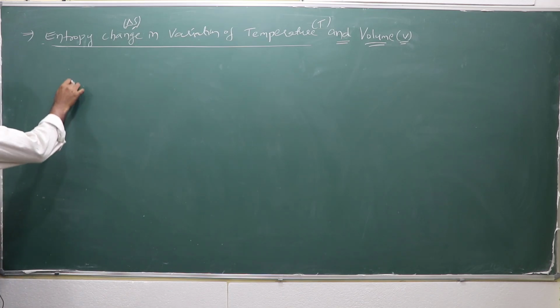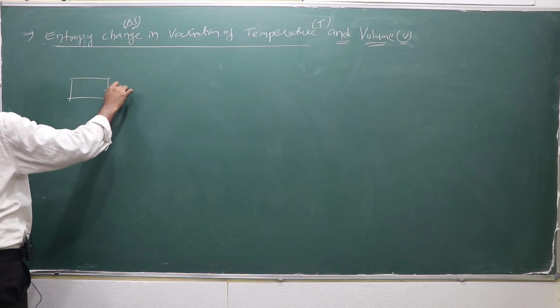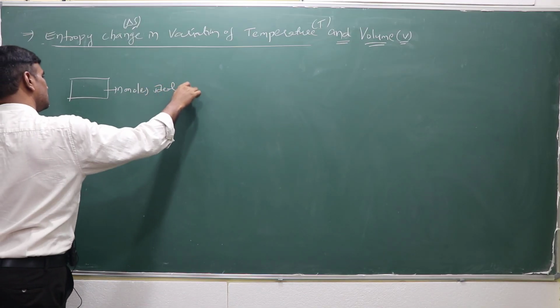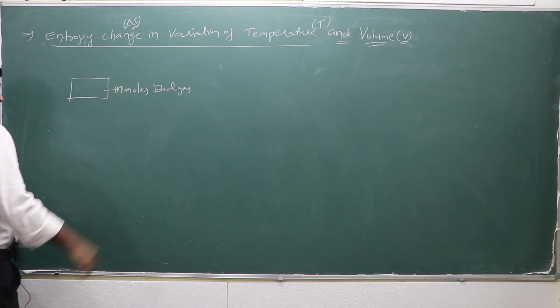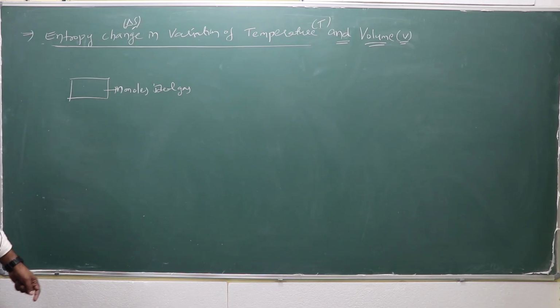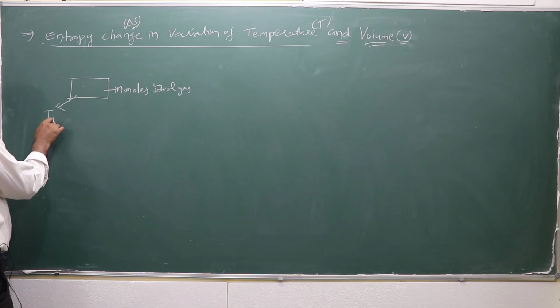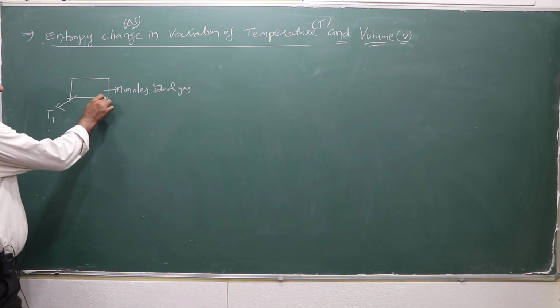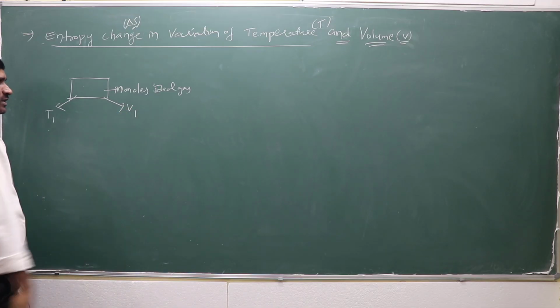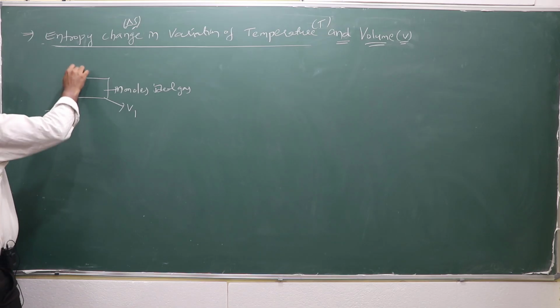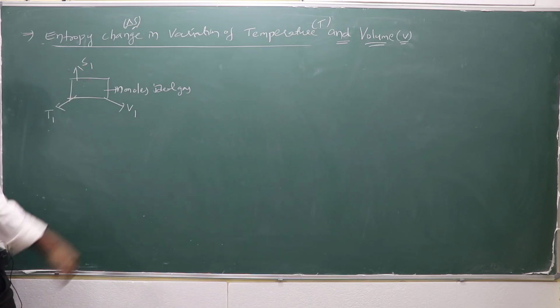Suppose you take n moles of an ideal gas system. The initial temperature of the system is T1, the initial occupied volume of the gas is V1, and the initial entropy is S1.